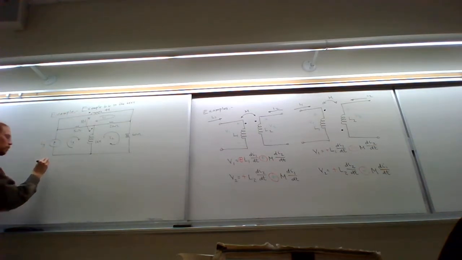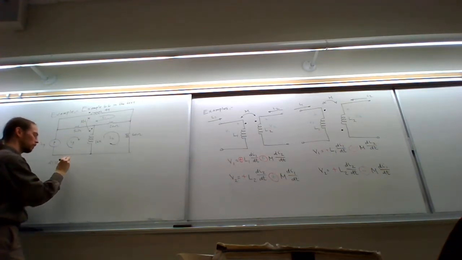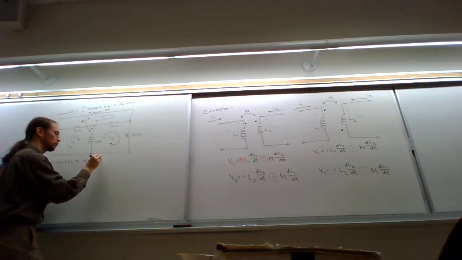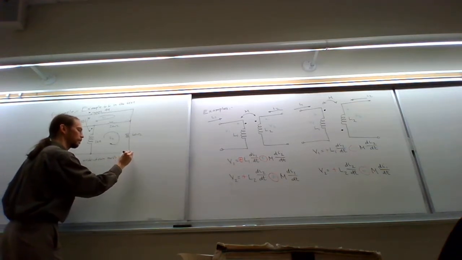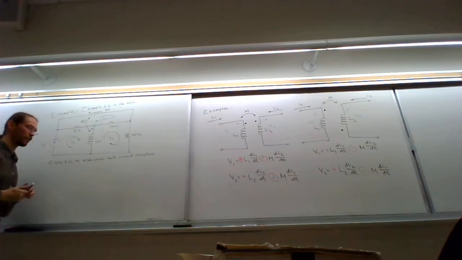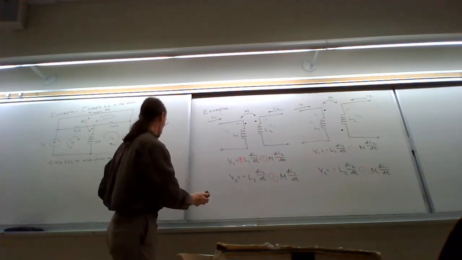Right, so here, we're going to use KCL, or KVL, I'm sorry, to write down mesh current equations. So notice that this circuit is a lot more sophisticated than the one that we had over there.